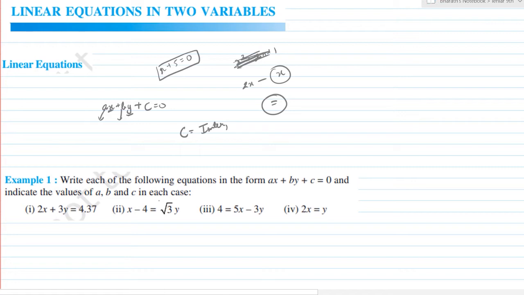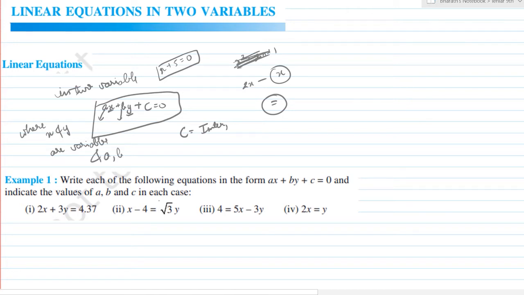Okay, so always remember, this is the general form of writing linear equations in two variables, where x and y are variables and a, b, c are constants, right?